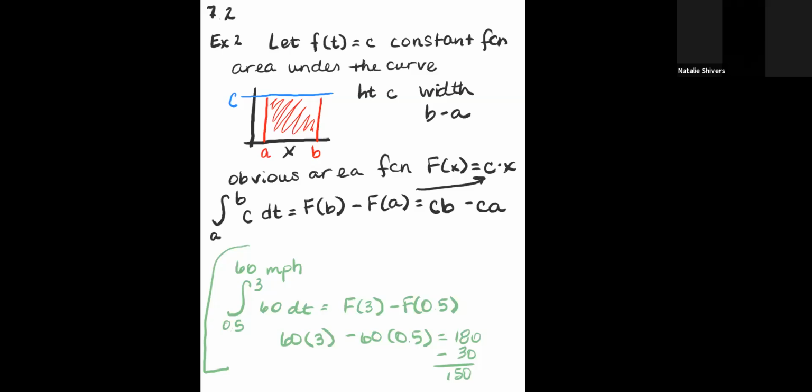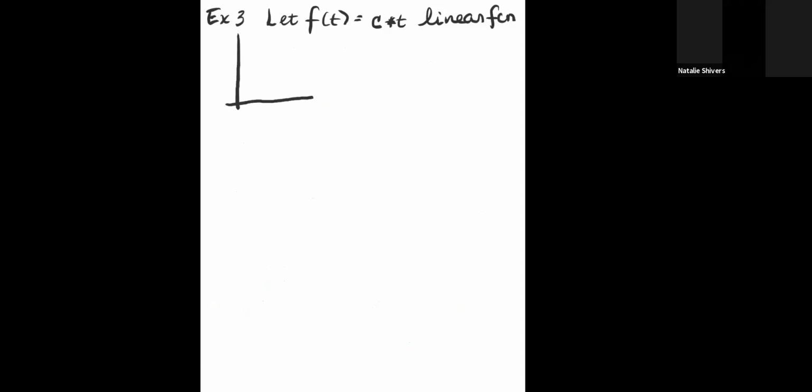Okay, so let's do another example. Example 3. We're going to go up one notch. We're going to let f of t equal c times t, our linear function. Okay, so this time, here's my graph.